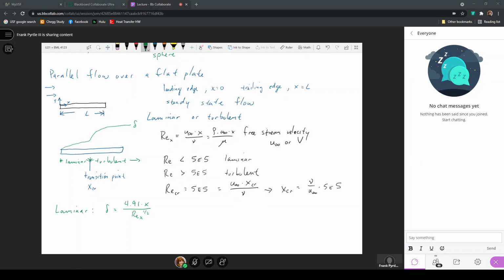So this is the expression of the boundary layer thickness for the laminar flow condition from x equals 0 up to this transition point.